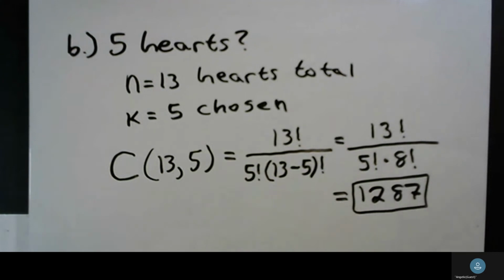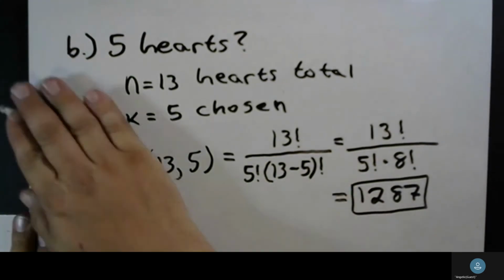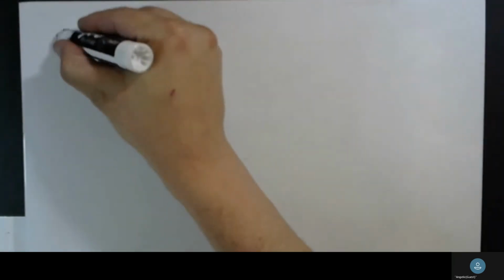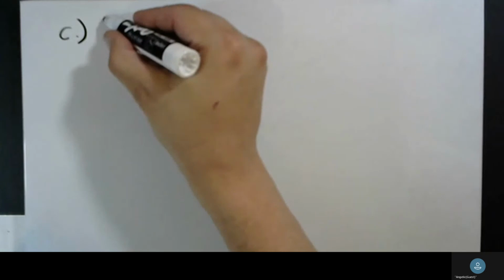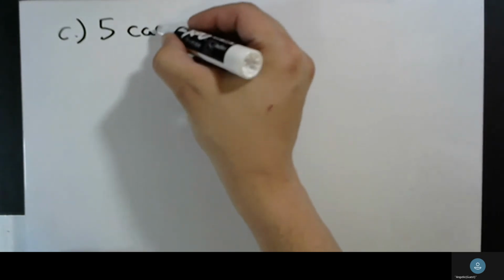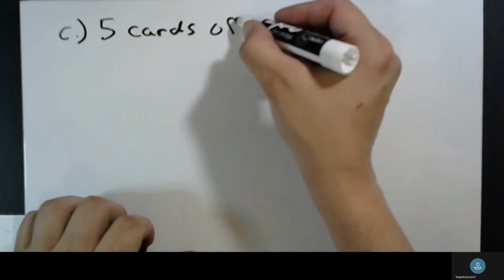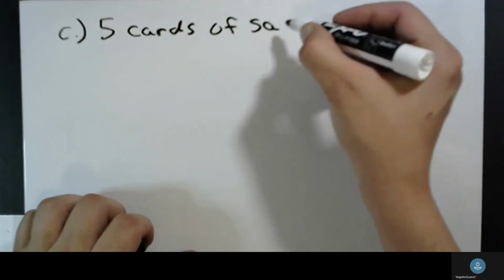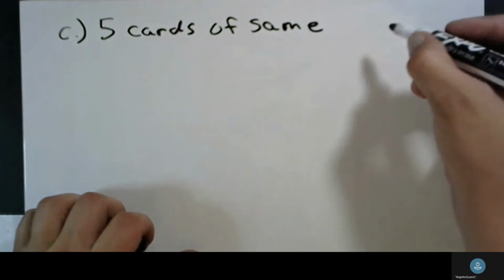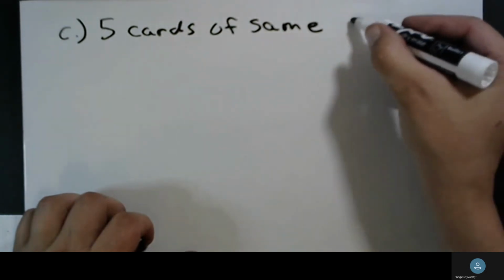Now, part C is an interesting one. This is kind of a fun one. So any questions about that? So now we want to ask, how many combinations are there of 5 cards of the same suit?